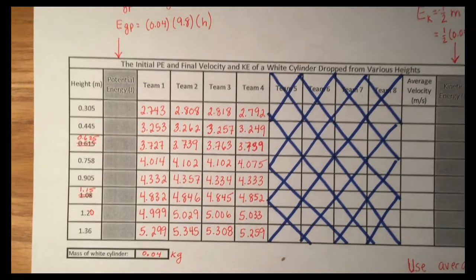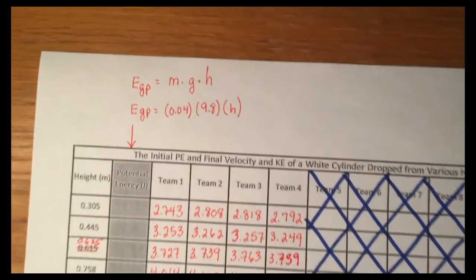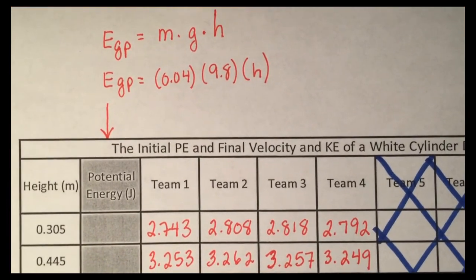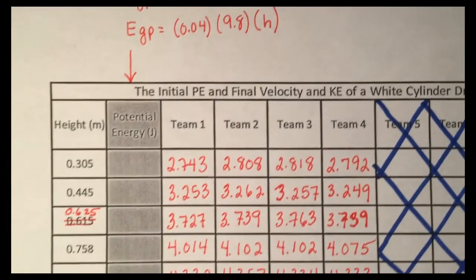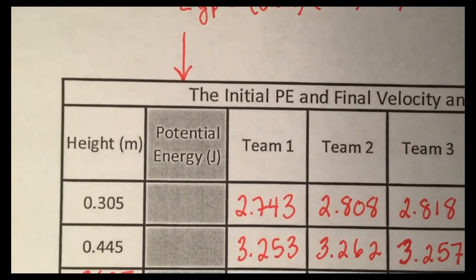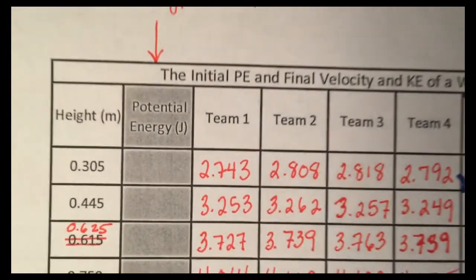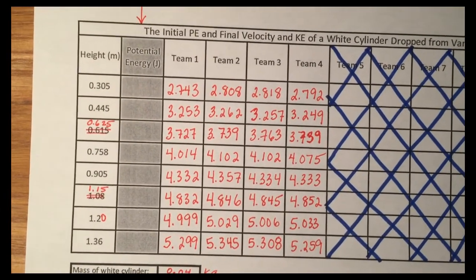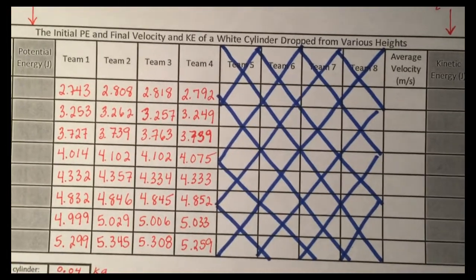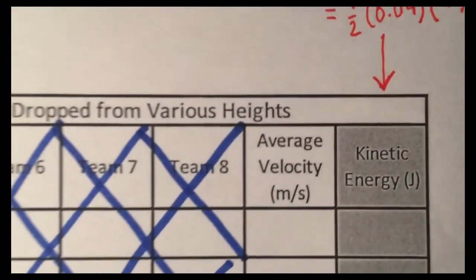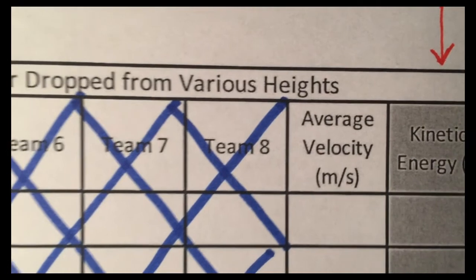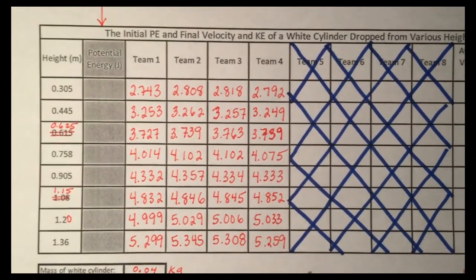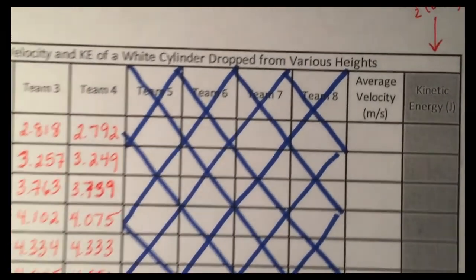Recall what you're going to do now is to use our expression for gravitational potential energy, mgh, and calculate the potential energy of our white cylinder for each of the starting heights, and then calculate the average velocity for each of the heights recorded in this column.